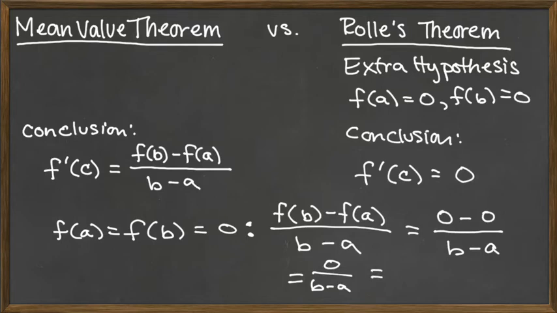So 0 over the non-zero value b minus a is simply 0. And so we can get from the mean value theorem conclusion statement to the conclusion statement for Rolle's theorem, not by memorizing something new, but simply by plugging in the extra equations from the hypothesis.